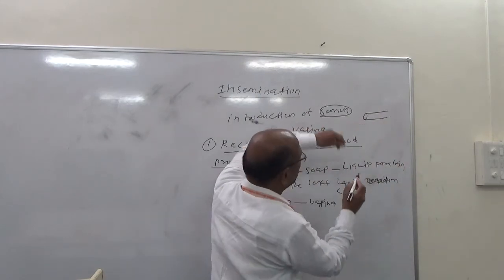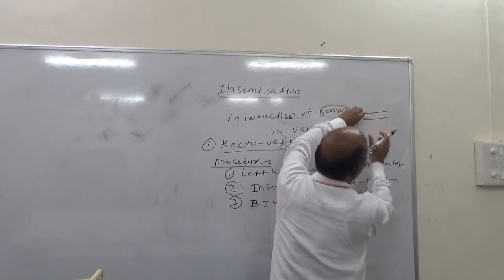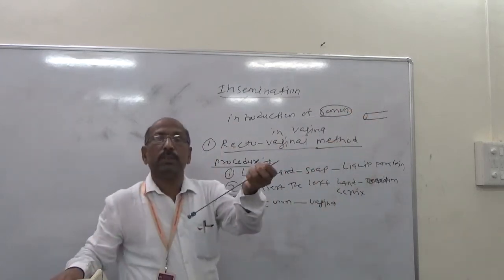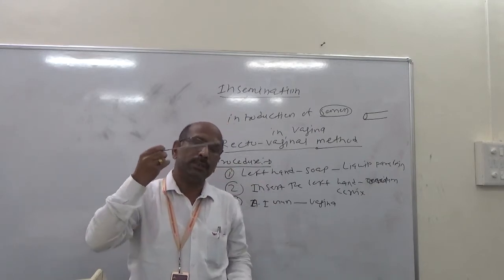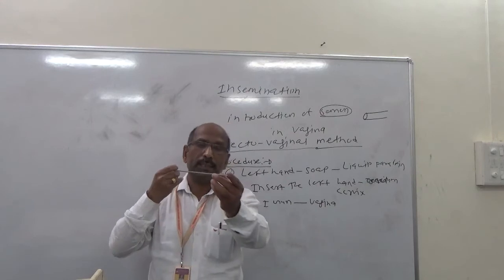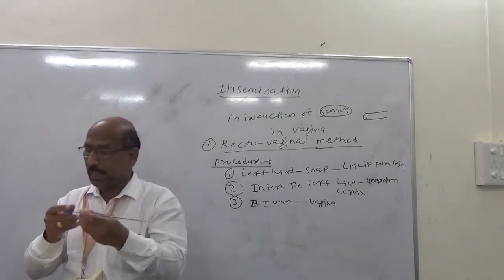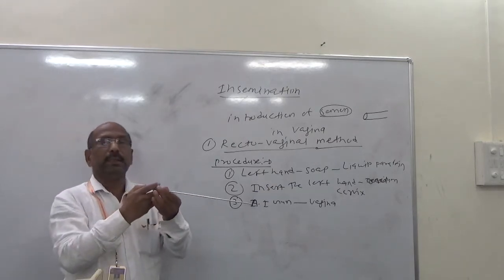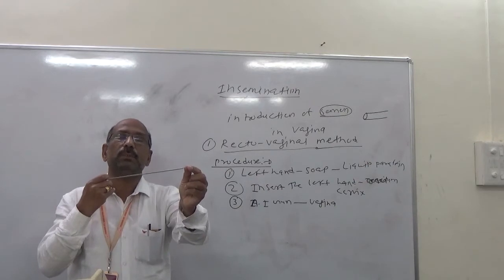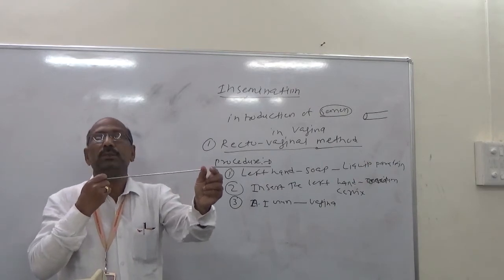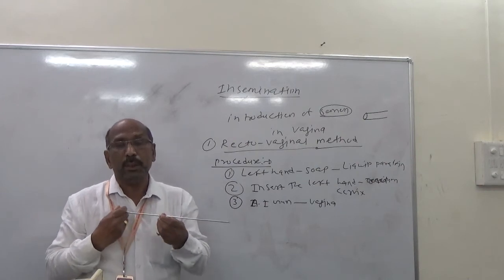This semen straw is put into the top of the AI gun, and with the help of the right hand, the AI gun is inserted into the vagina and placed in the cervix, and pushed, and the semen in the straw is deposited. The semen is deposited in the cervix, that is the mid cervix.